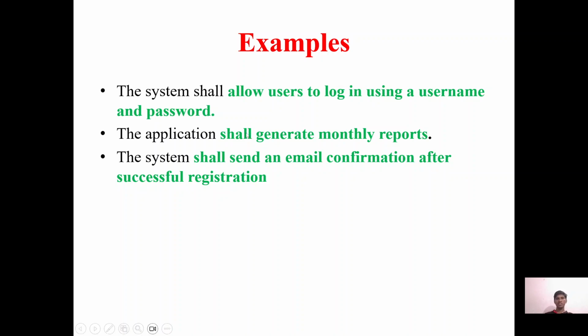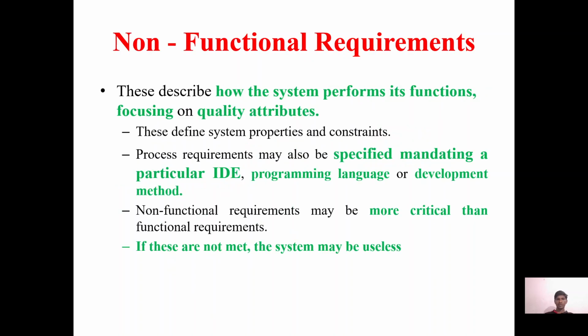Next, the application shall generate the monthly report. Generating the monthly report is a functionality. Next, the system sends a notification via email after successful registration. Once the registration process is over, it sends the successful notification to the customer.